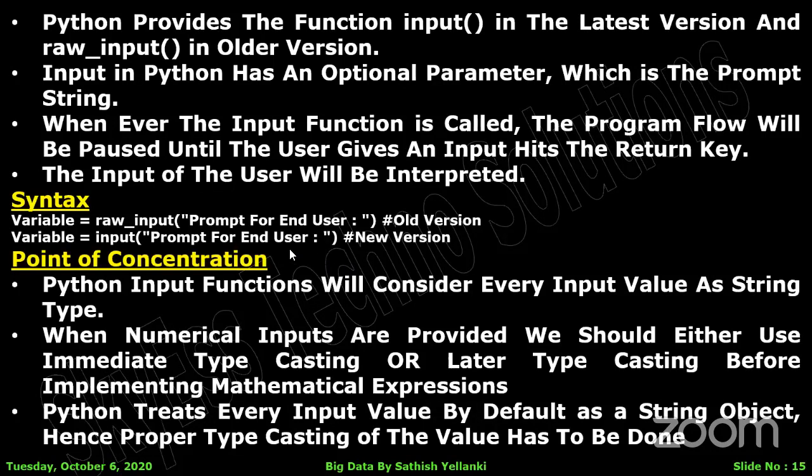So now every input should return the data to a variable. Am I clear? We should understand how variables are managed in Python first. Until you understand how variables are managed in Python, there's no meaning in discussing the input statement.